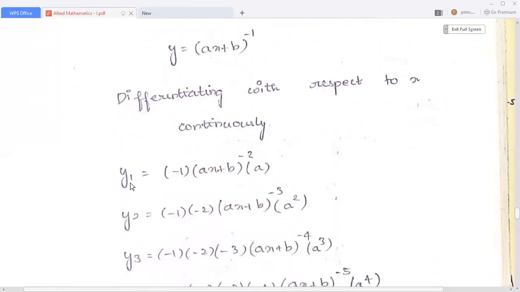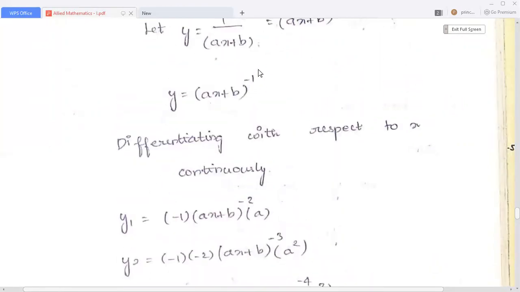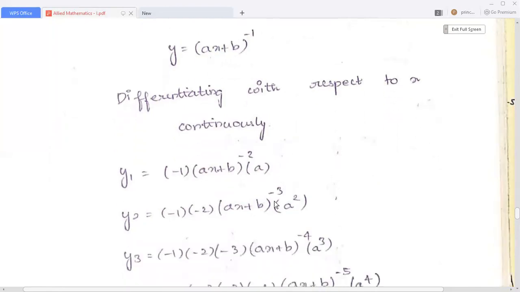We get the first derivative y1 is equal to minus 1 into ax plus b power minus 2 into a. So this a is obtained by differentiating this expression. Here, when you differentiate ax plus b with respect to x, we get a.